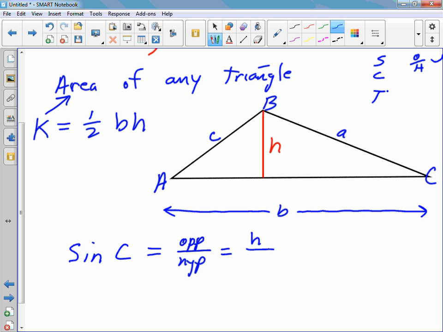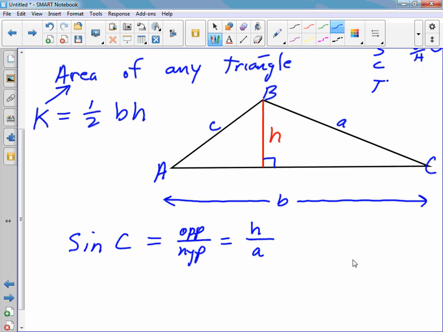H over A. But remember, we put this H in on purpose to be a right triangle, so we have to use H because sine, cosine, tangent only works for right triangles, okay? Sine C equals the length of H over the length of A. So far, so good?